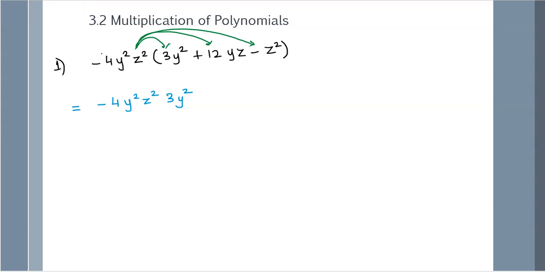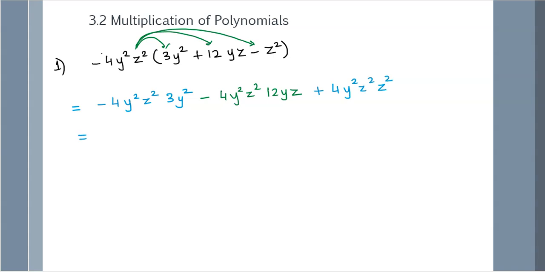Second term, what you have? Minus times plus gives you minus 4 y square z square times 12 y z. Third term, minus times minus becomes plus 4 y square z square times z square.